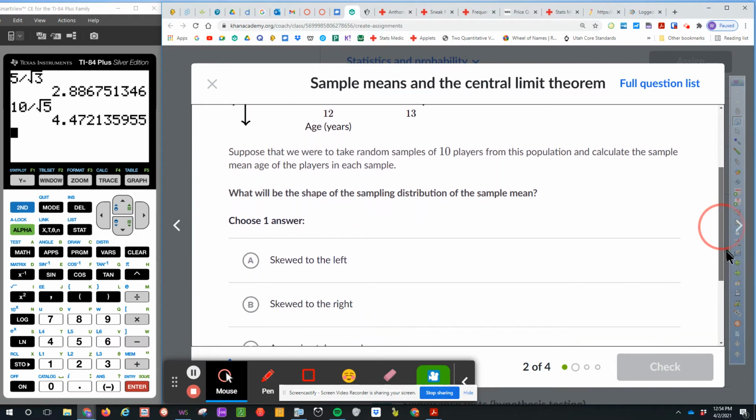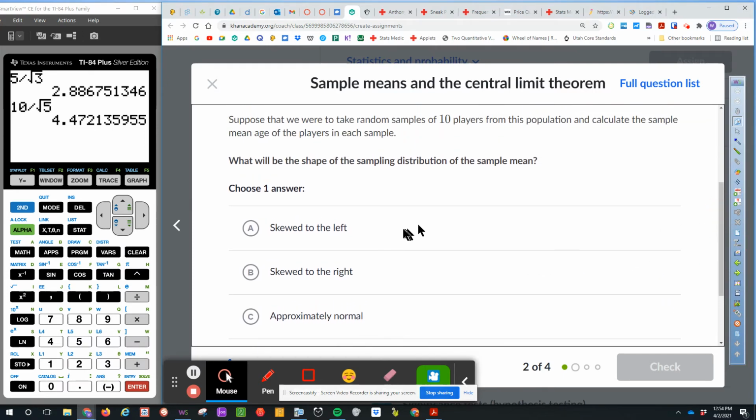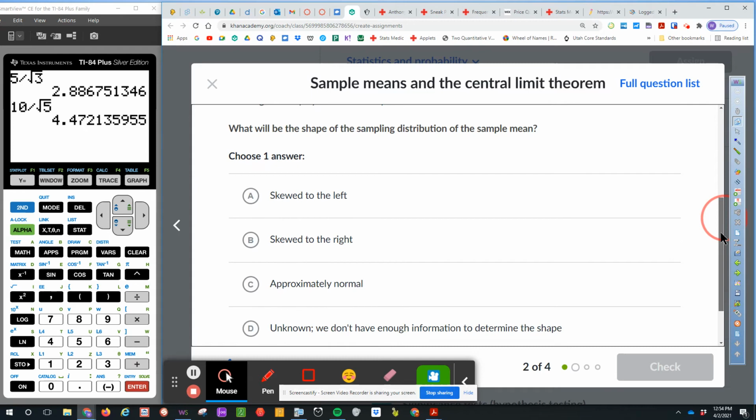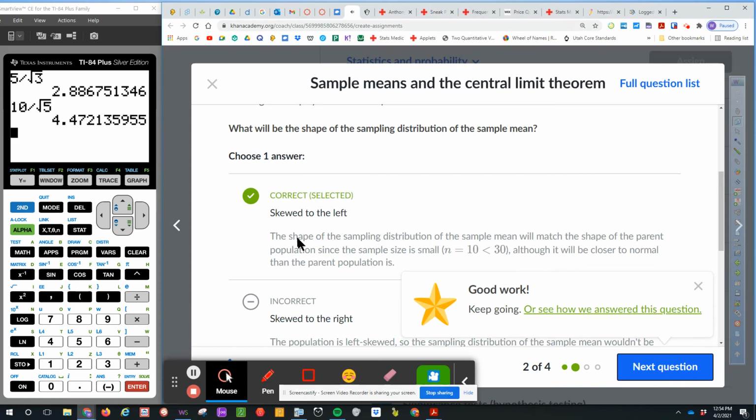So if the sample size is only 10, do you think the shape of the sampling distribution will also be skewed to the left? Well, it should be. Yeah, it should be skewed to the left, right? If your population is skewed, the shape of the sampling distribution of the sample mean will match the shape of the parent, which is your population, since the sample size is small.